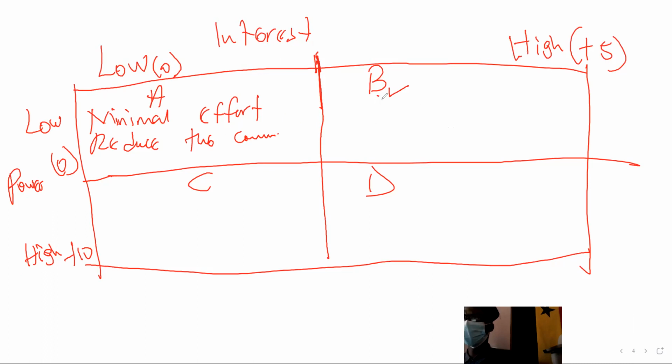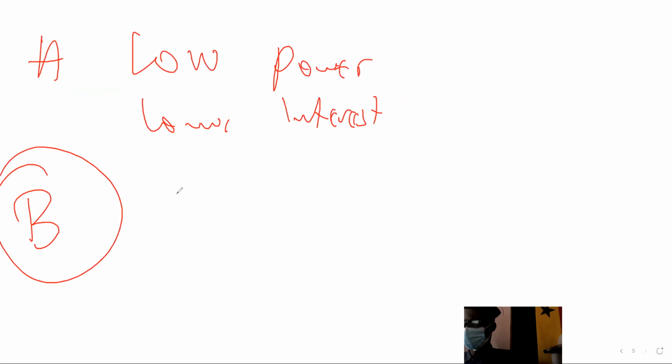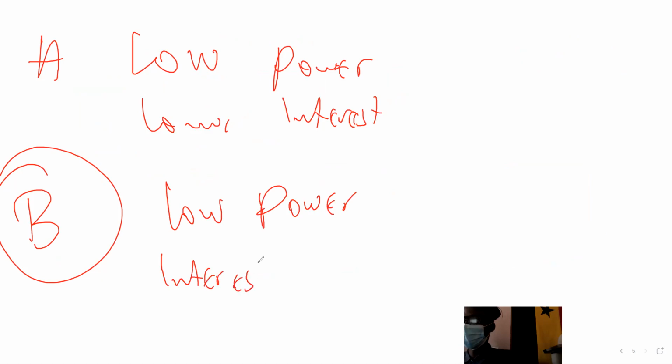What about power? Is it low or high? Here, power is low, but interest is very high.